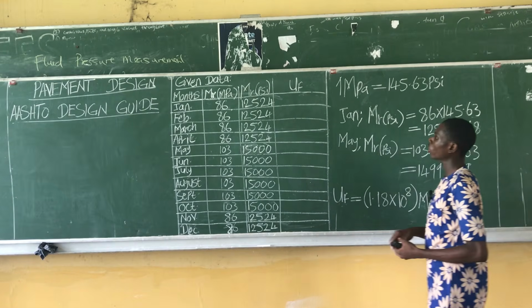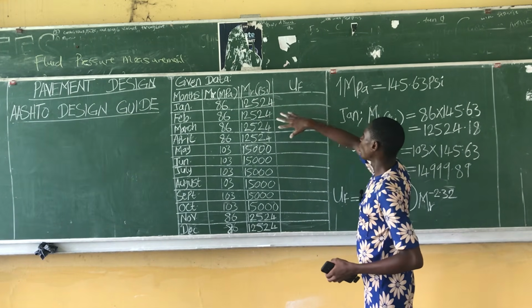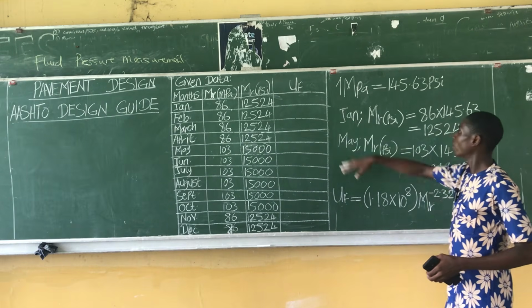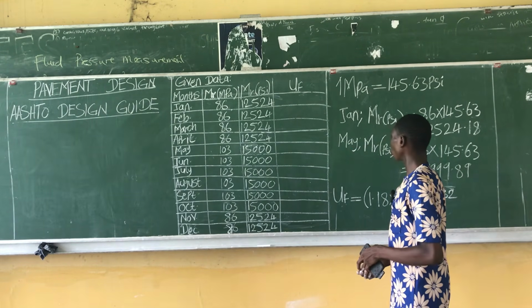With this, using our resilient modulus value in PSI, we'll be able to compute the relative damage factor for all the respective months.